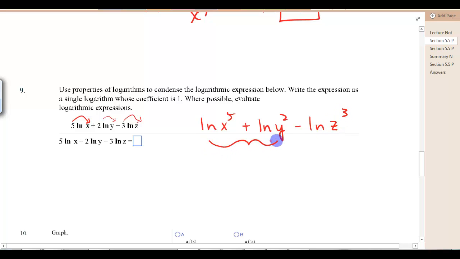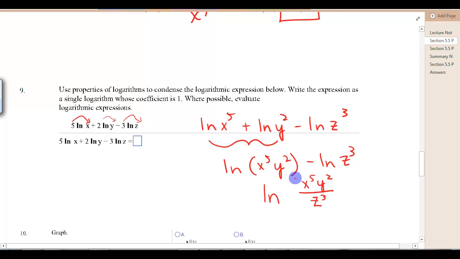Then we'll combine the first two, so we have ln of x to the 5th y squared minus ln z cubed. That's a subtraction. It will become a quotient, so we have ln of x to the 5th y squared over z cubed. And we'll have to write in the whole thing on this one because it doesn't have it.